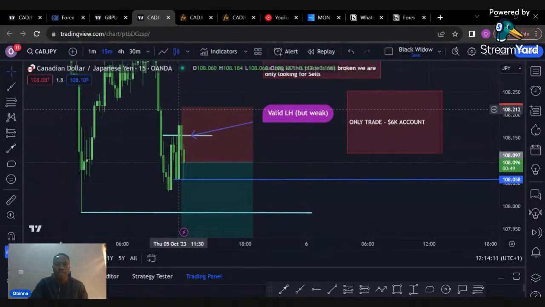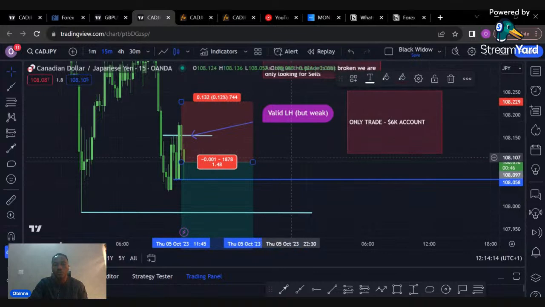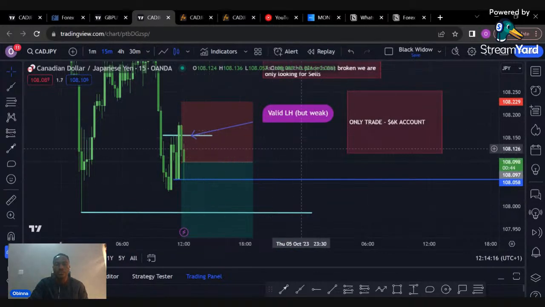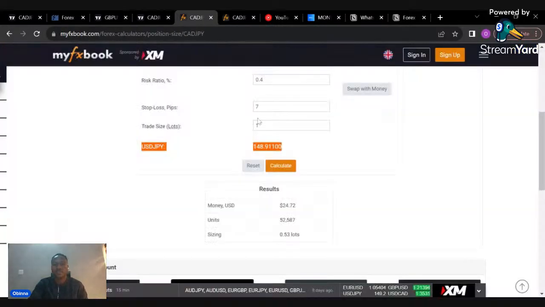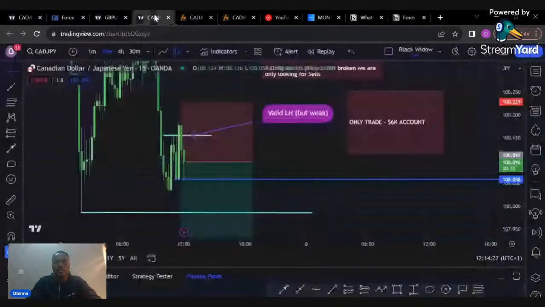Best to give good allowance for the spread of your broker. So 13 pips, let me see what 13 pips gives. That's 21.